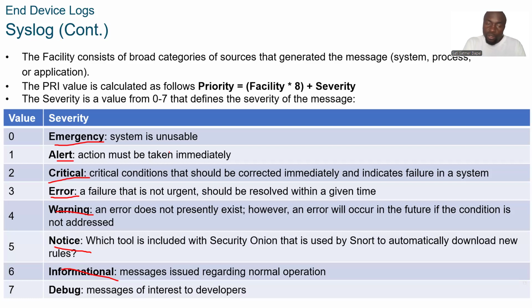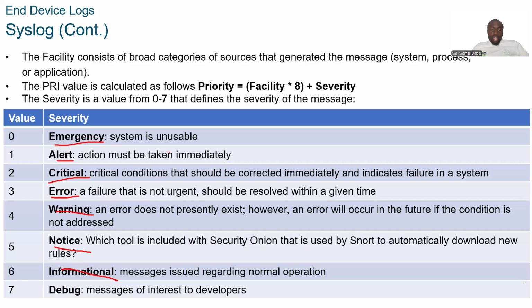Emergency means the system is unusable and it requires an emergency salvage. Alert means that an action must be taken immediately. When you see critical, it's a condition that should be corrected immediately and indicates a failure in the system.